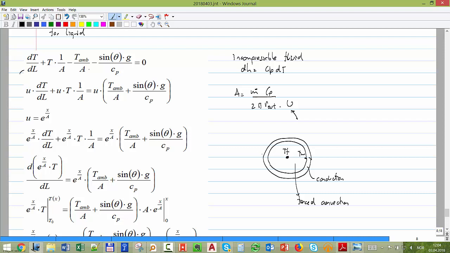Sometimes you have insulation, which might be conduction also. And then you have T ambient, and then again forced or free convection. So you have to know exactly what is between the two driving temperatures, and with that you calculate your U.